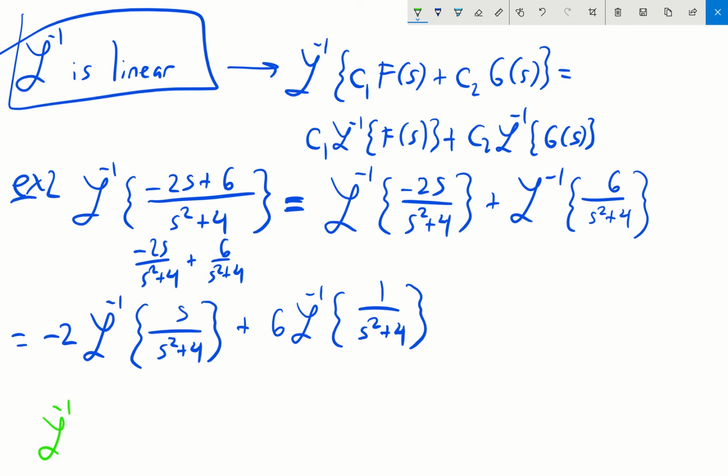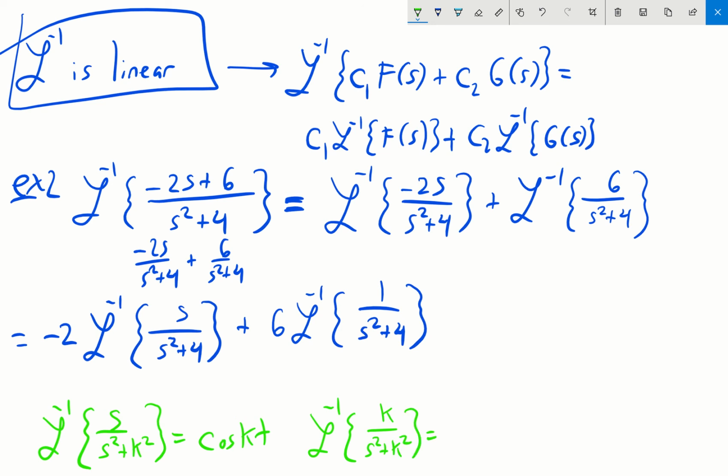The inverse Laplace transform of s divided by s squared plus k squared is equal to the cosine of kt. And for the one that we have over here, we're going to utilize that the inverse Laplace transform of k over s squared plus k squared is equal to the sine of kt.